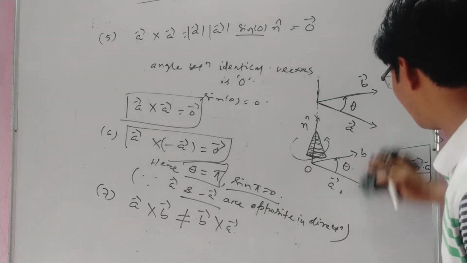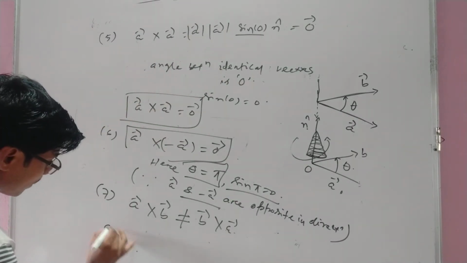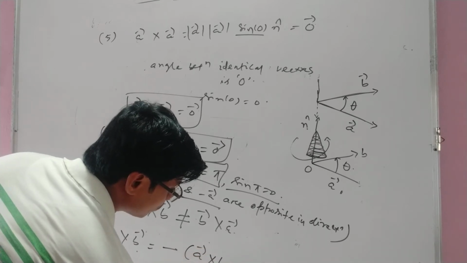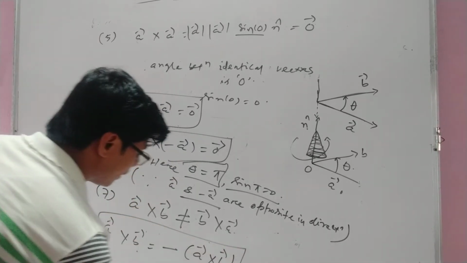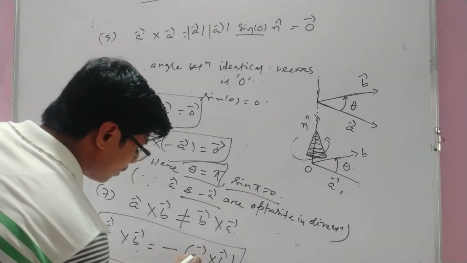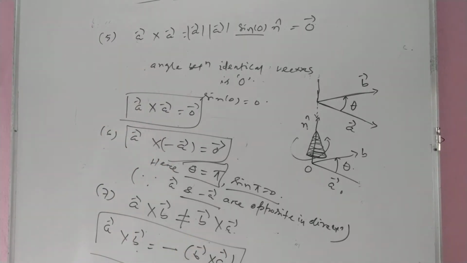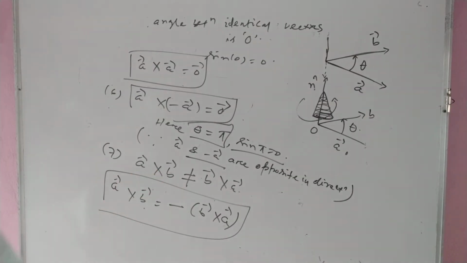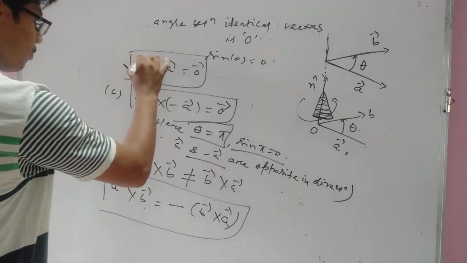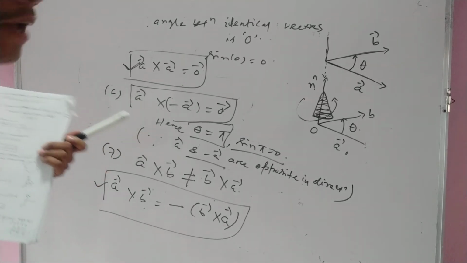So A vector cross B vector is equal to negative of B cross A. This is the property. From these conditions, we get some results about i cap, j cap, k cap.